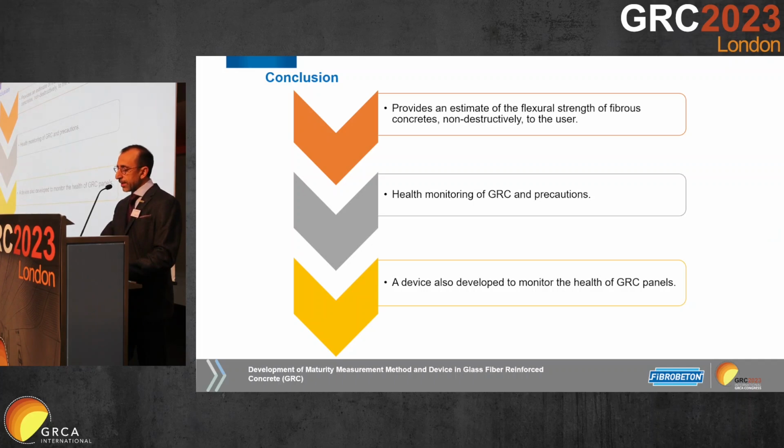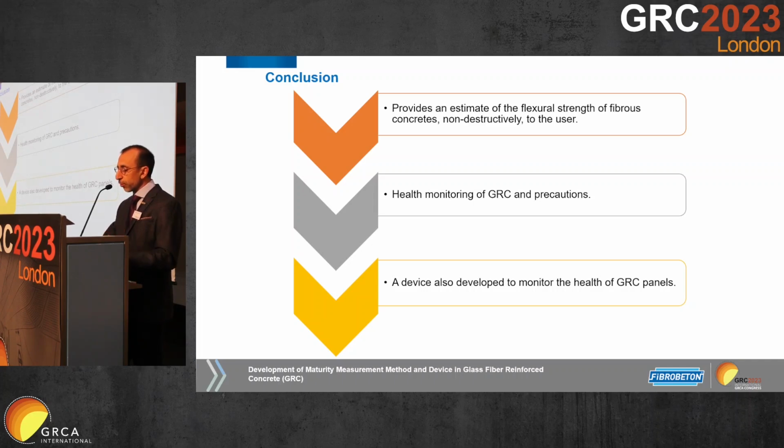In this study, a method and device has been developed that can instantly calculate maturity values, which are the basic design values, considering different fiber amounts and lengths as well. The maturity method provides information about the time and temperature relationship of concrete products, and health monitoring of panels can be done by using this method.